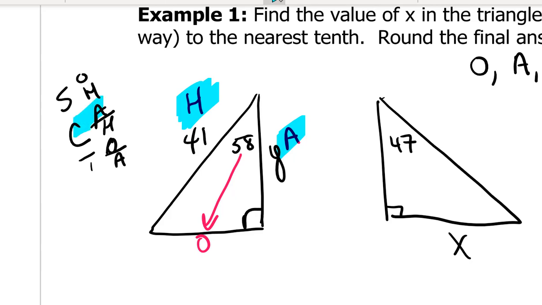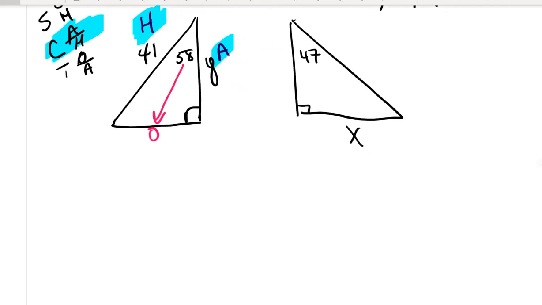Why, yes, that would be the cosine. So what we're going to do from here is then write down an equation which involves those two values. So I'm going to have cosine of 58 degrees equal to y, because that's my adjacent, over 41.